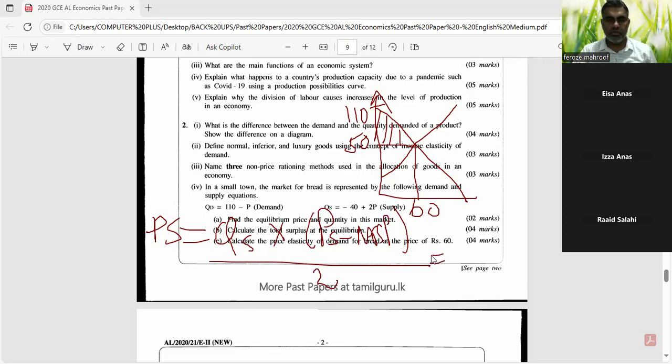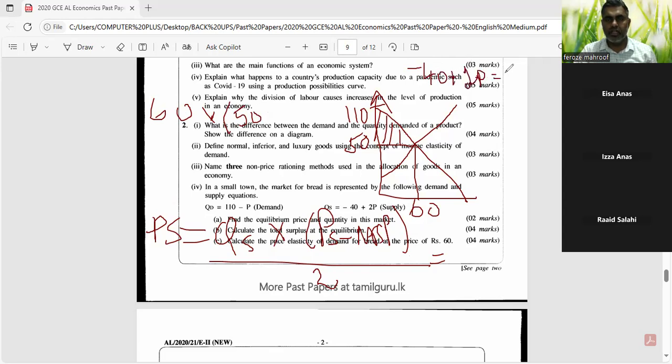Seller's price minus minimum supply price over 2. But QS is 60, and the seller's price is 50. You have to know the minimum supply price. How to calculate minimum supply price? Minus 40 plus 2p is equal to 0.